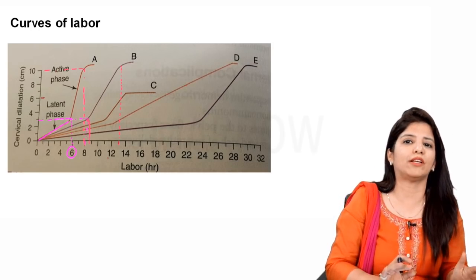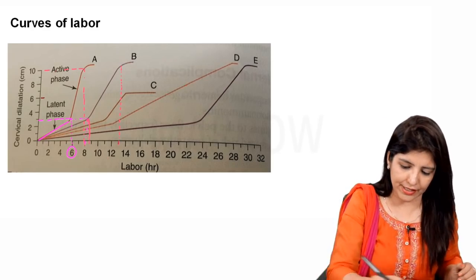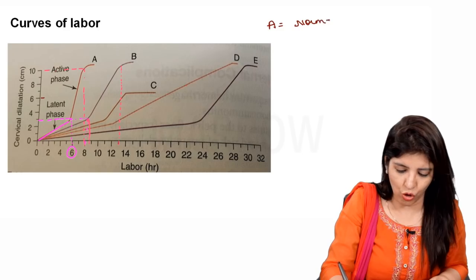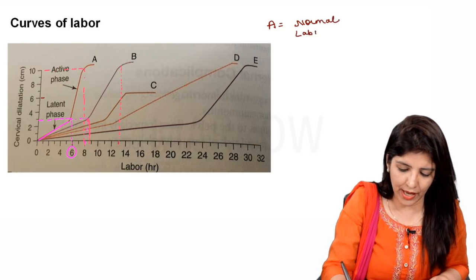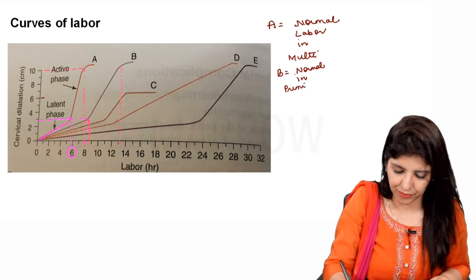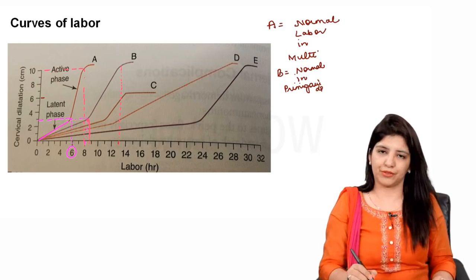Latent phase is normal in graph A also and in graph B also. So, graph A and graph B are representing graphs of normal labor. A is normal labor in a multiparous female and B is normal labor in a primigravida female, right? So, these are normal graphs.